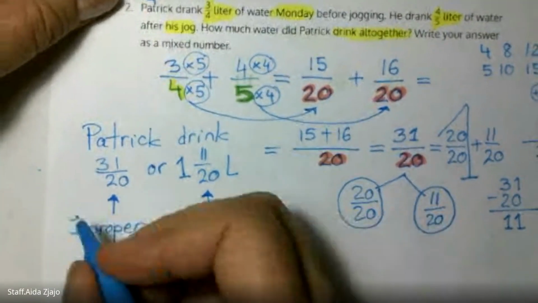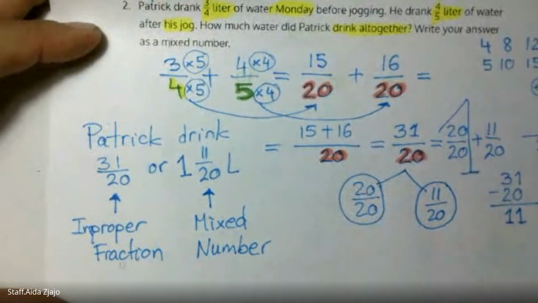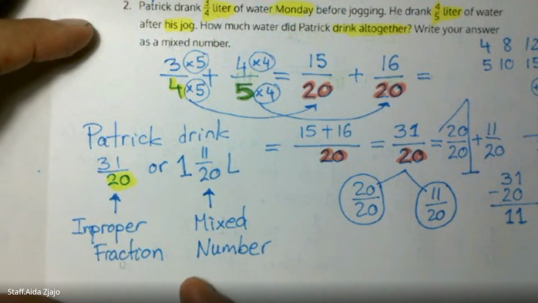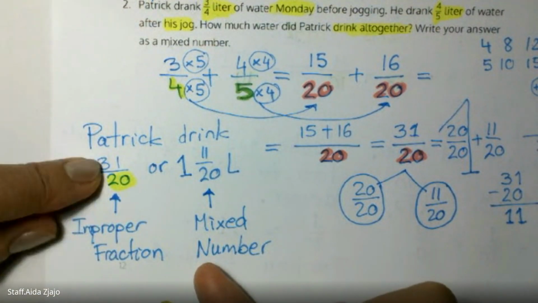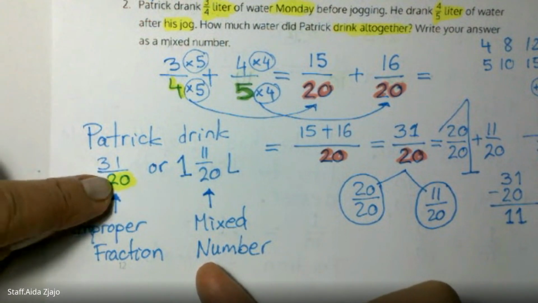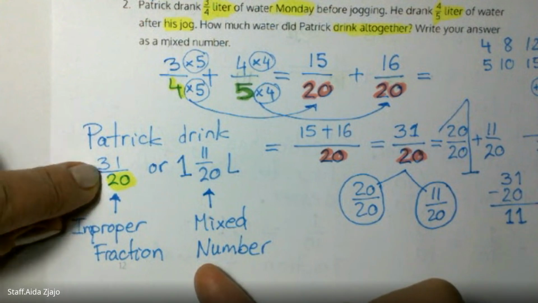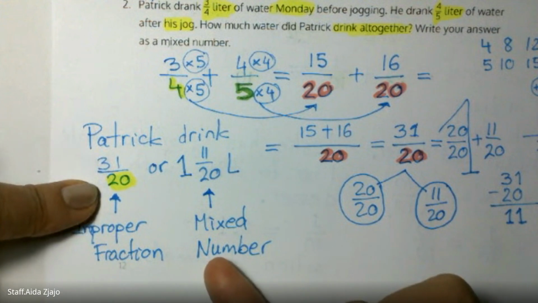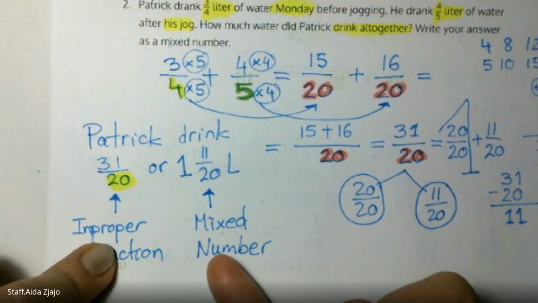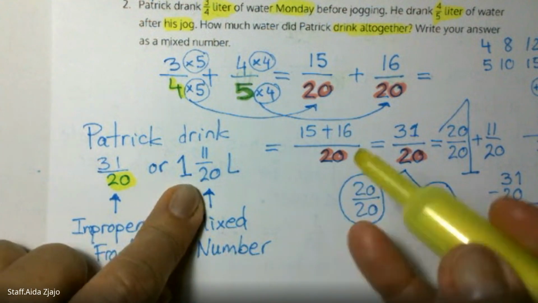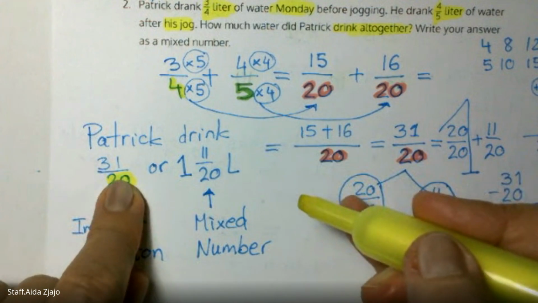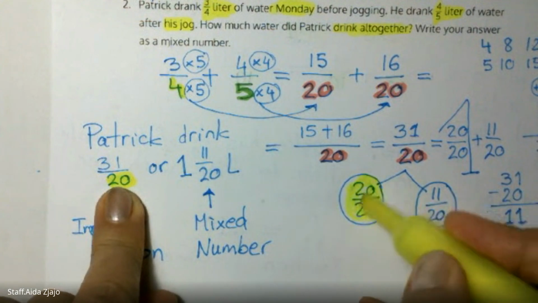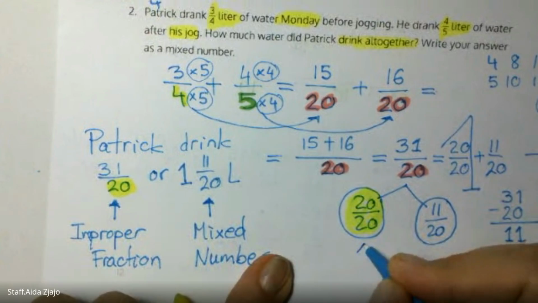An improper fraction is a fraction where the bottom is smaller. To make a whole, you need 20 pieces. 31 is more, so you have one 20 in 31, so that means you have wholes in it. But 31 pieces of 20th is called an improper fraction. And then if you change the whole pieces and create 20/20, that will be a whole, one whole.